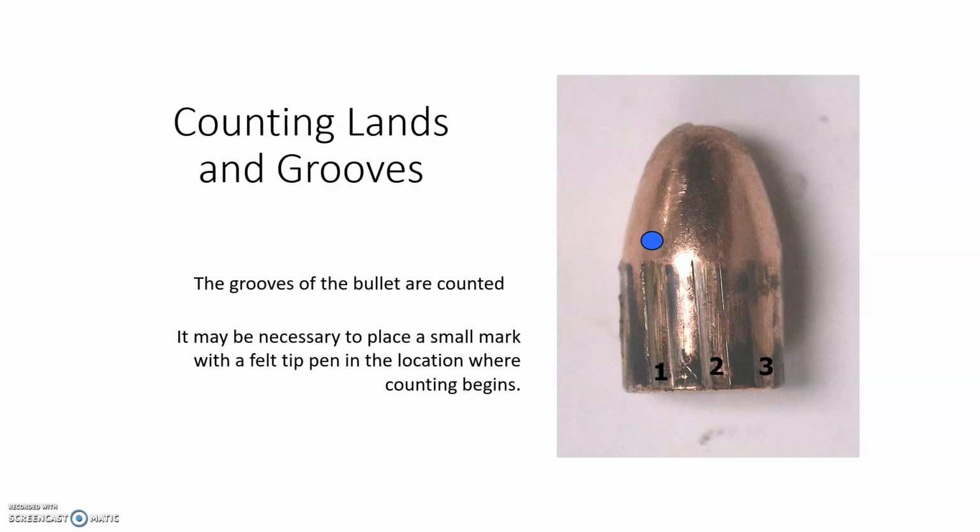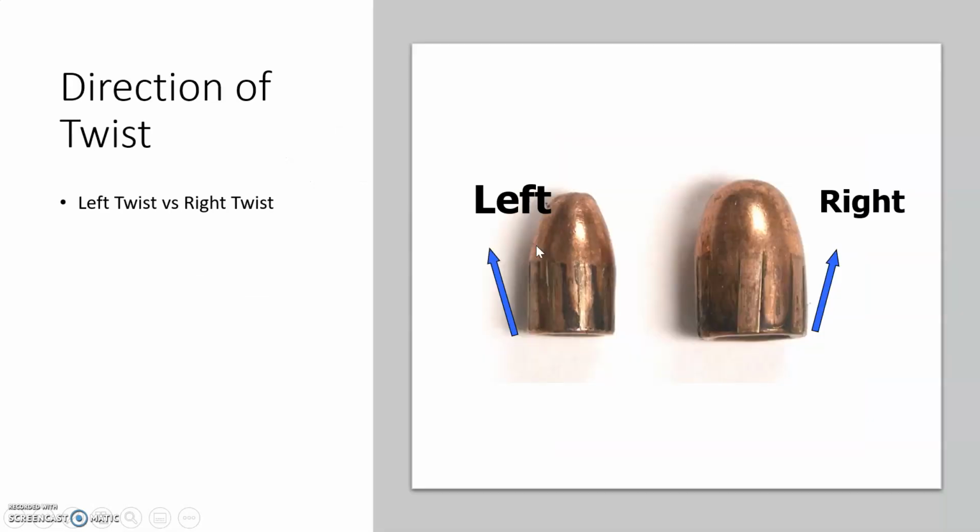And if you take a look at this picture over here, I just placed a blue dot here because sometimes what they'll do is use some sort of felt tip marker to let them know when they started counting, so they make sure that the number is accurate. So if we start here, we are going to be counting the grooves. This is the first groove, second groove, third groove, and you would go all the way around the bullet until you get back to wherever you placed your mark, and that would be considered the amount of lands and grooves for that particular bullet.